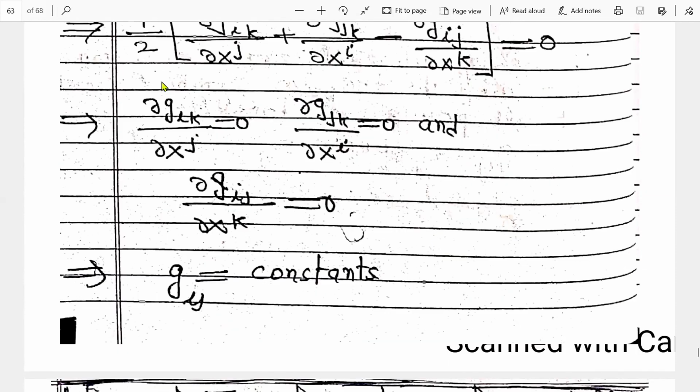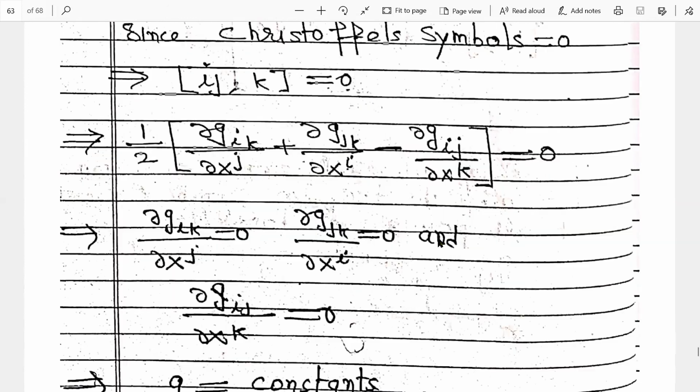It means g_ik is independent of x_j, g_jk is independent of x_i, g_ij is independent of x_k. It means g_ij is independent of x_i, x_j, and x_k. So only these three are variables. So it means g_ij is constant. So that is our result.